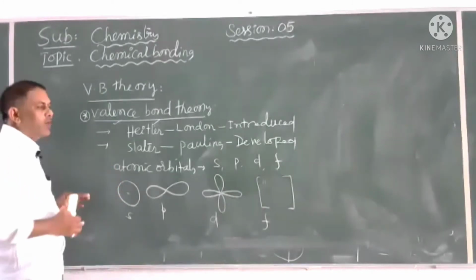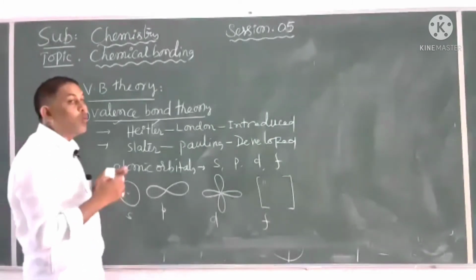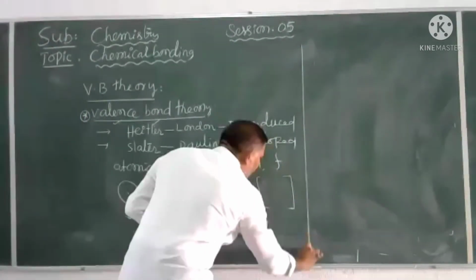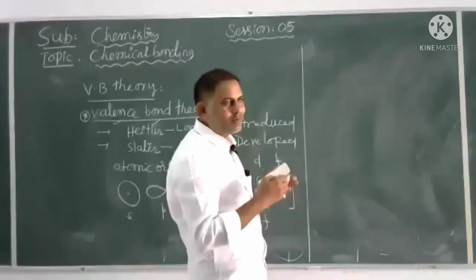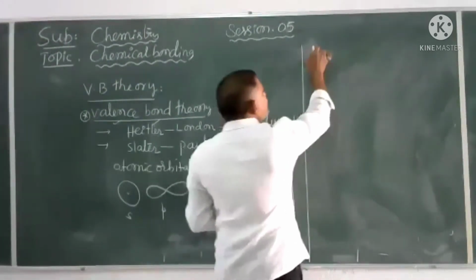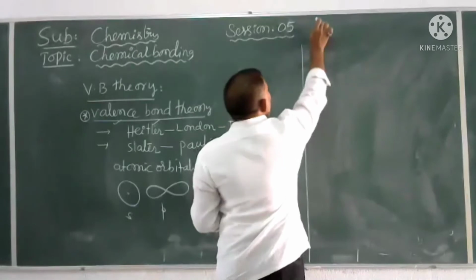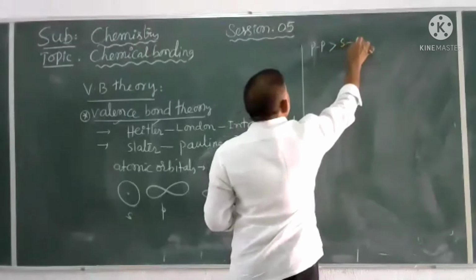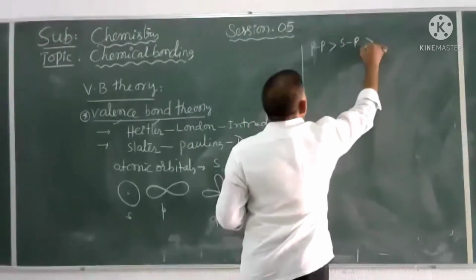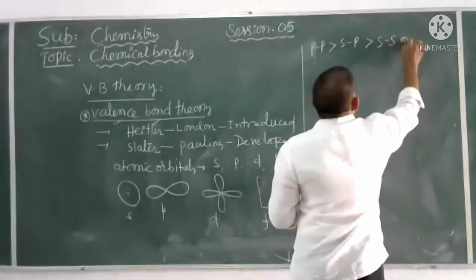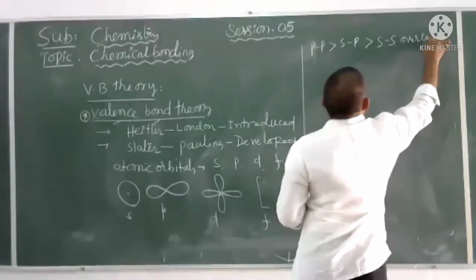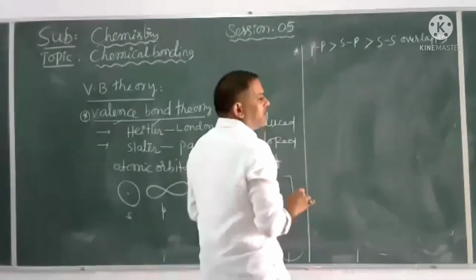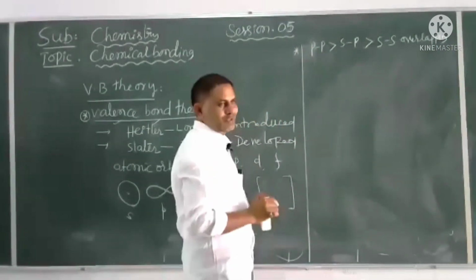So to get the covalent bond, these orbitals overlap. The more the extent of overlap, the more the bond strength. The extent of overlap is more for PP overlapping compared to SP, compared to SS overlapping.